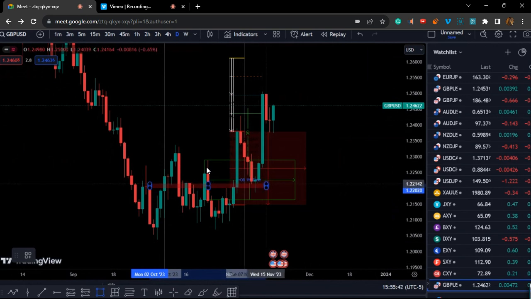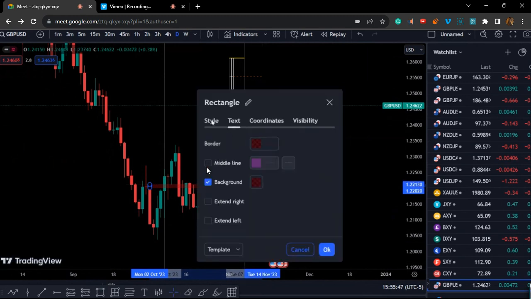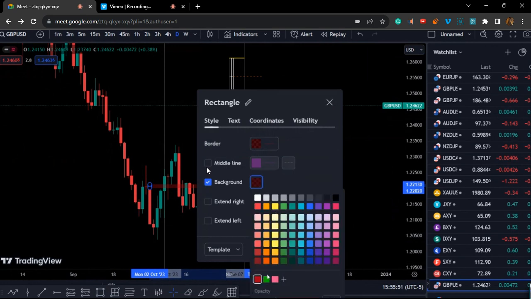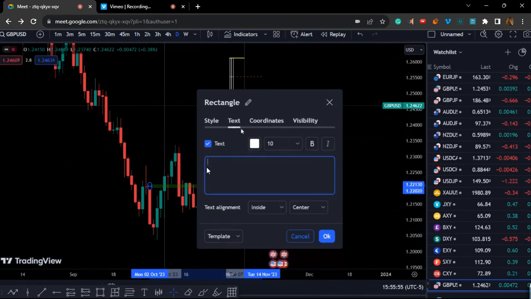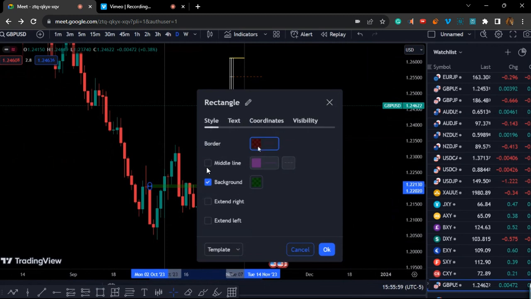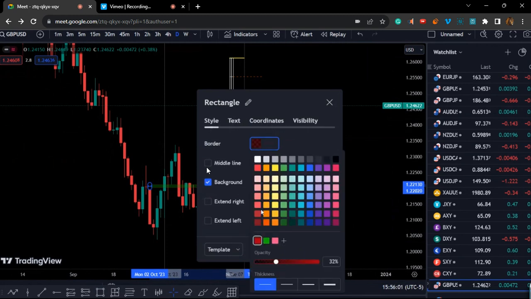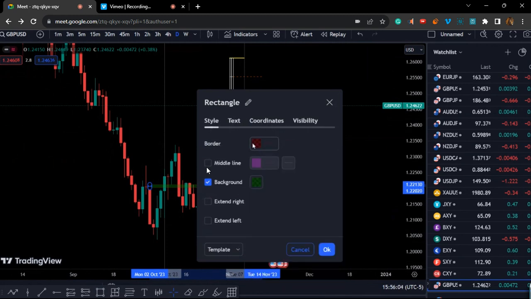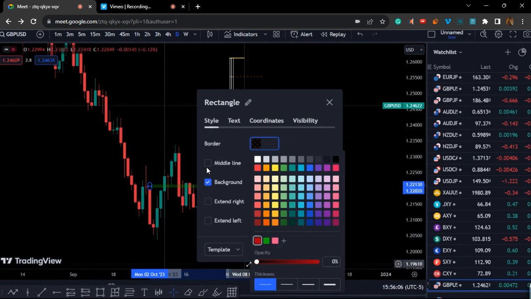Can you make that box green and label it bullish order block? Let me show you how to label this. Click on green. Now go to the text. Hold on. Go back to style. Take the border off. Put the opacity all the way to black. Now go to text.